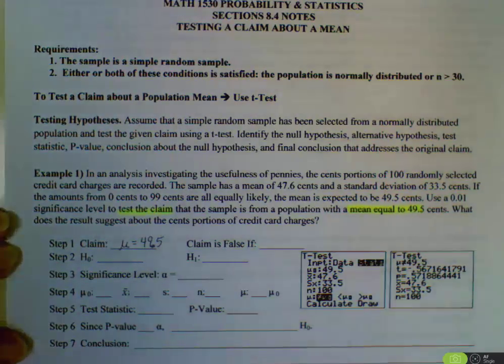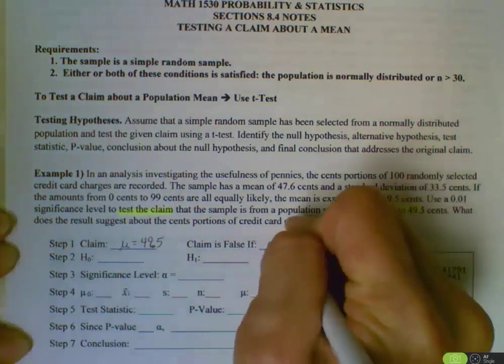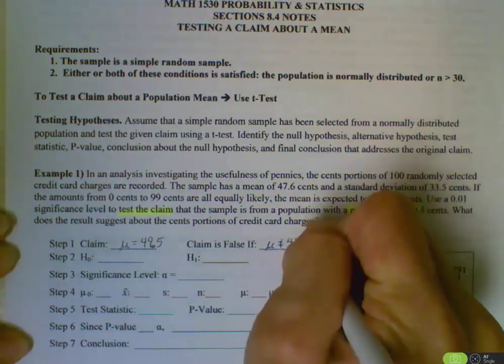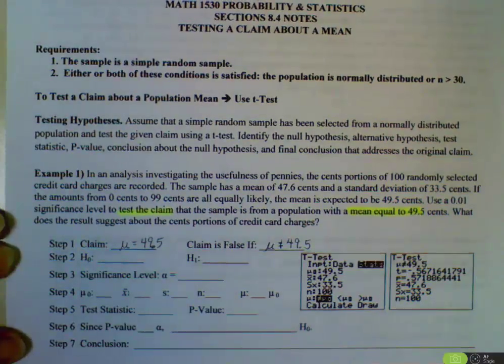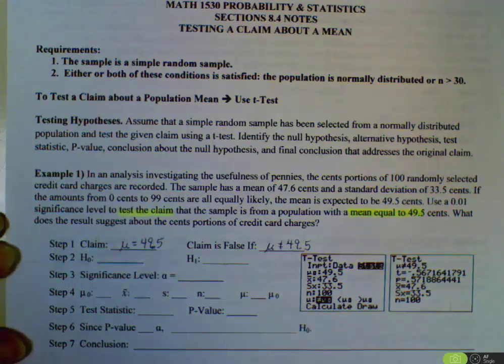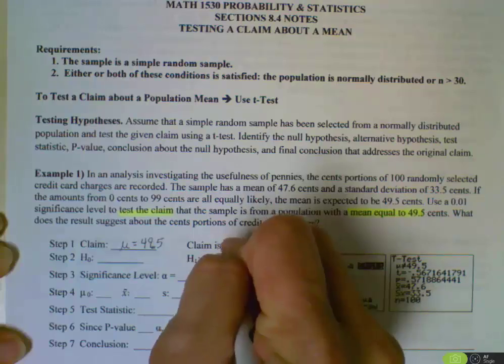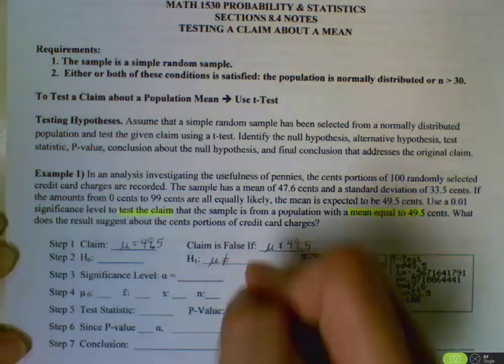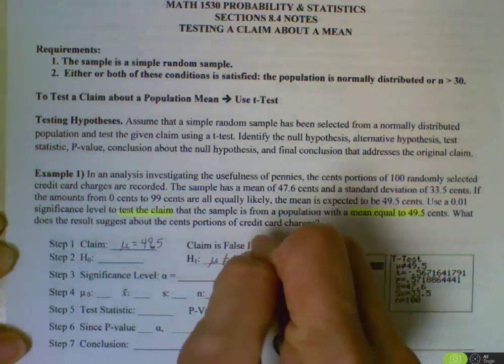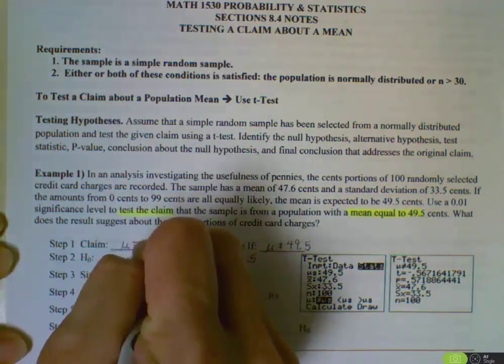But that claim is false if the mean of the cents portions of these charges is not equal to 49.5. And the one of these two statements that does not have the equals has to be the alternative hypothesis. That means the alternative hypothesis is mu is not equal to 49.5, and the null hypothesis always has equals in it.